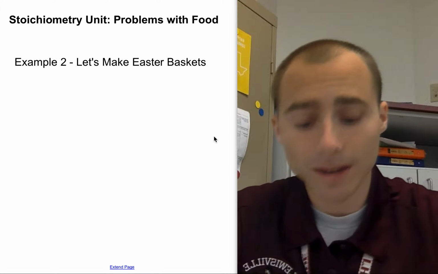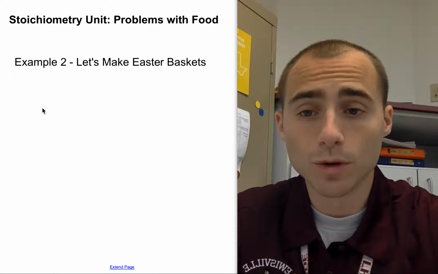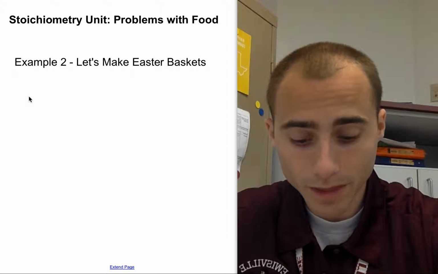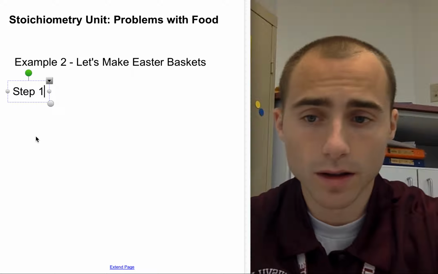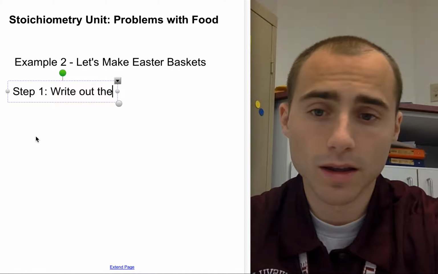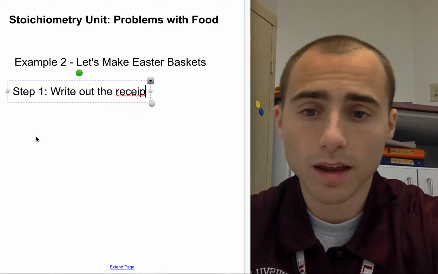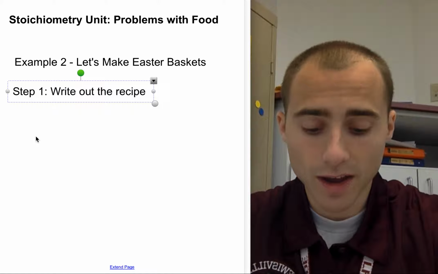It says each basket needs 2 bags of candies, 6 colored eggs, and 2 stuffed bunnies. Therefore, for step 1, so step 1 is write out the recipe. And this is where we get the general feel for how many of each item we need.